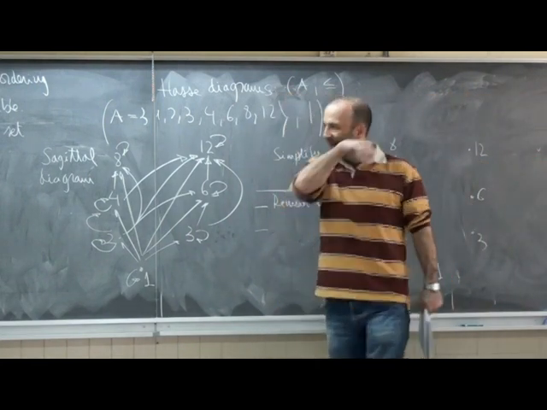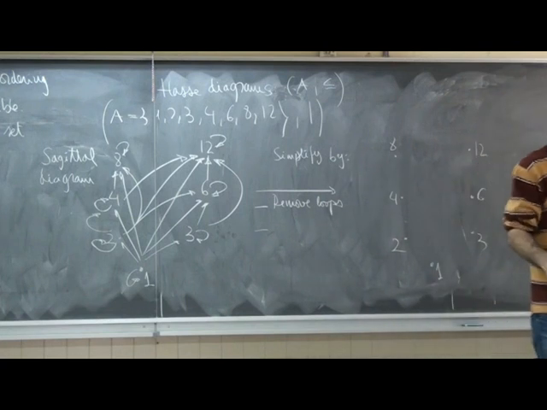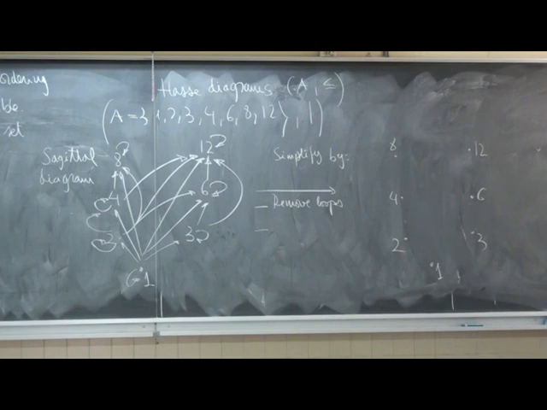What else can I remove without altering the structure? The arrows from number 1 to the other numbers. Every single arrow? No, just some of them. You leave the arrows to 2 and 3 because of transitivity.